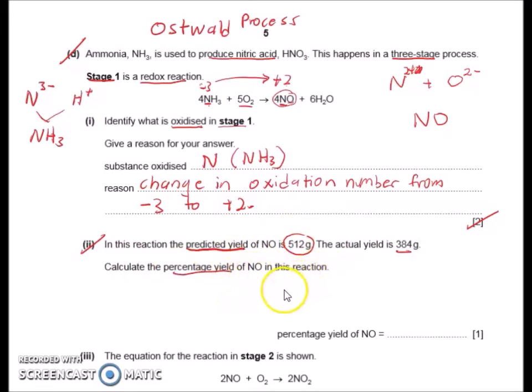So the percentage here will be 384 divided by 512 multiplied by 100. Okay, let us check how much we get. Yeah, so you are getting about 75%. So we have here 1 mark.